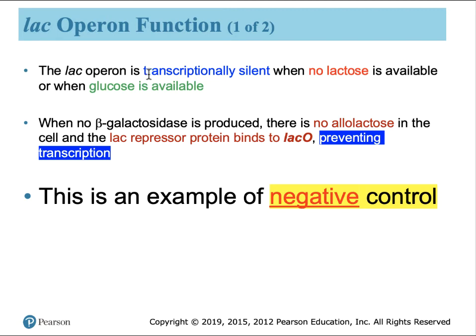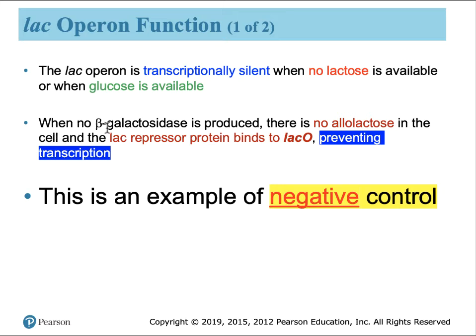Since the LAC operon is silent when there's no lactose in the cell, or when there is lactose but there's also glucose, glucose is given priority and the LAC operon is shut down. And we're going to see how that mechanism works at the protein, genetic, and biochemical levels right now.